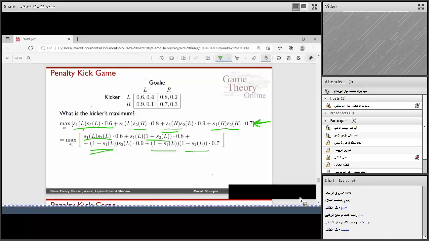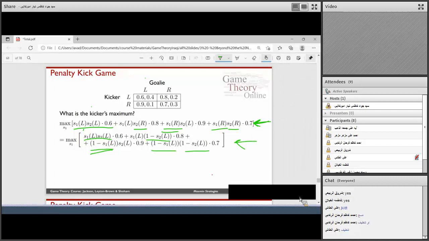In other words, we only need to determine one of the probabilities, going to the left. If we calculate the optimal probability of going to the left, it's done. We just do 1 minus that, and that'll give us the probability of going to the right. So that's why you see this conversion happening. All right? So now from here, we got to here.